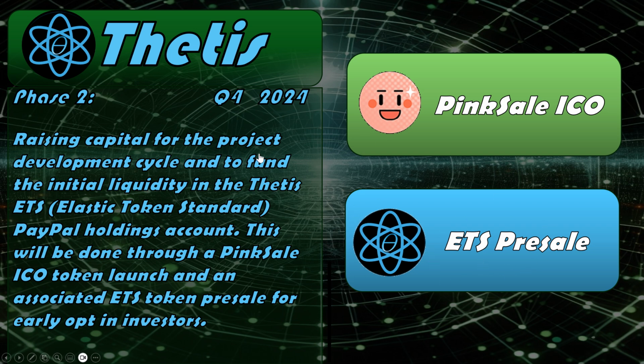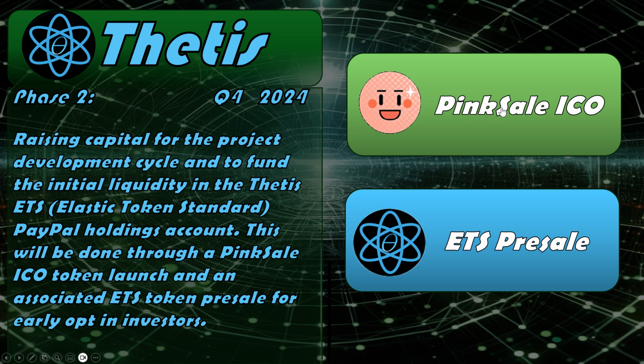The reason why we're doing it this way is so that we can have two different angles of attack. One, we're going on Pinksale, which is a well-known website that people look at in the crypto space for promotional purposes, and then the ETS pre-sale on our own website so that you can actually buy the tokens straight up.